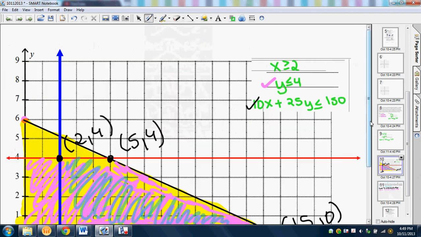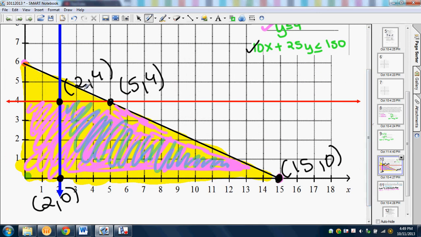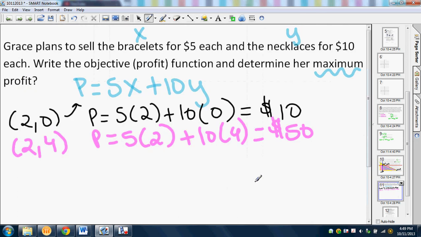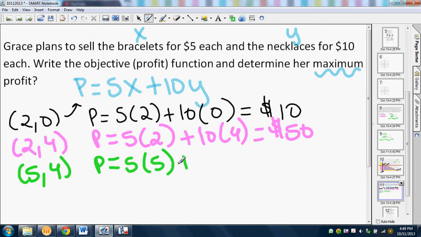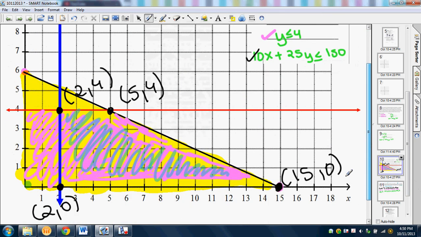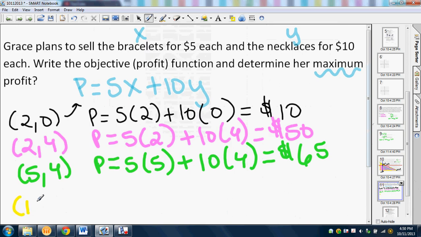Now we're going to try another combination. Let's try if she makes 5 bracelets and 4 necklaces. So $5 for 5 bracelets plus $10 for 4 necklaces is a total of $65. And then the last option we're going to try is where she just makes 15 bracelets and no necklaces.